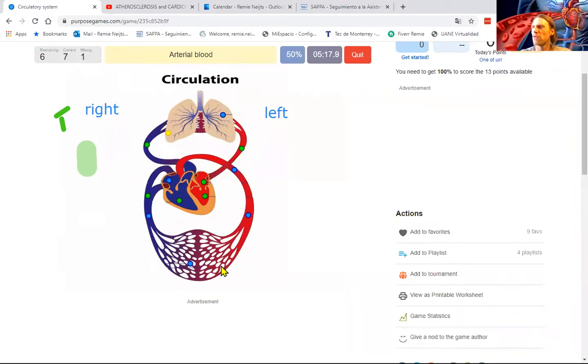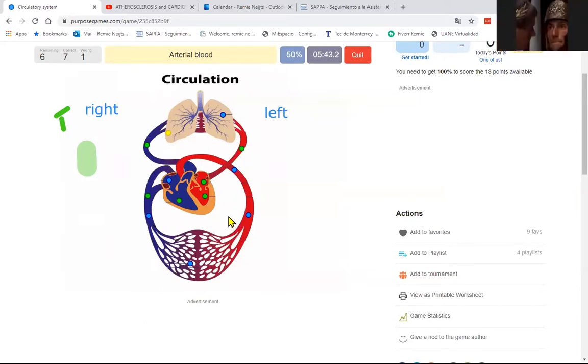Arterial blood, where is the arterial blood? For Gustavo. Arterial blood is in the... where do you think it would be? This one, this one, this one?